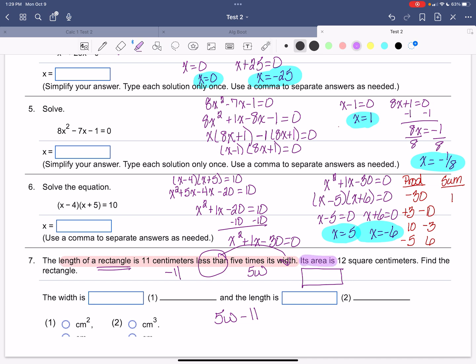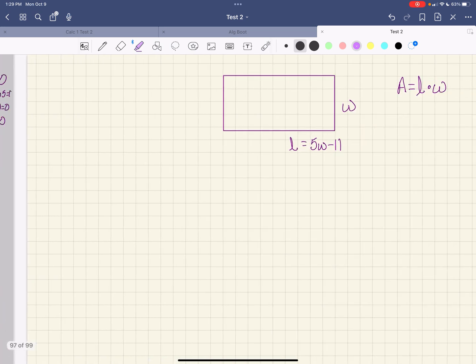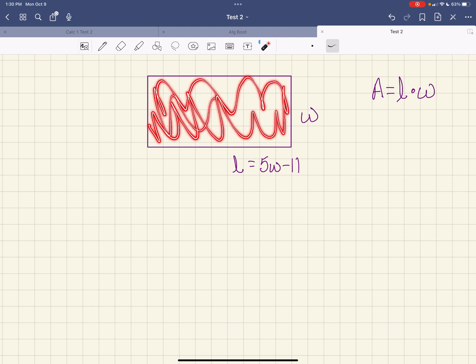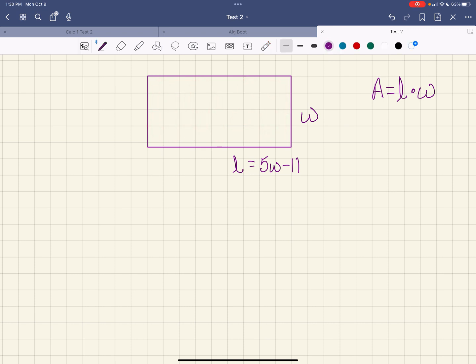Now, its area is 12 square centimeters. So this right here, all of this area, is 12 square centimeters. If I was going to carpet my rectangle, I'm looking at 12 square centimeters. It's not very much carpet, but okay.